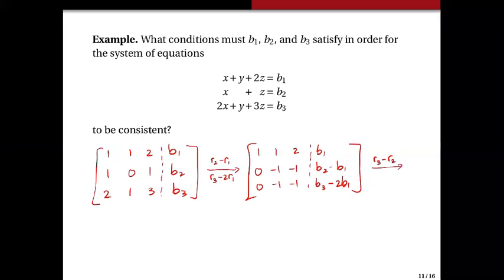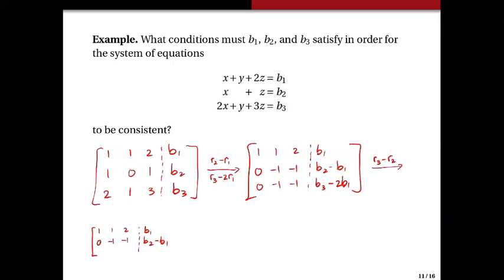So we are now replacing R3 again with this. We are just copying R1, 1, 1, 2, and then B1. And then R2, we'll just copy that. 0, negative 1, negative 1, B2 minus B1.